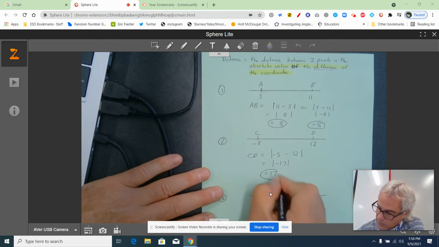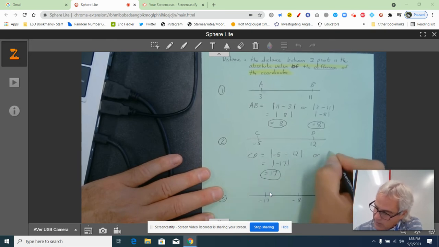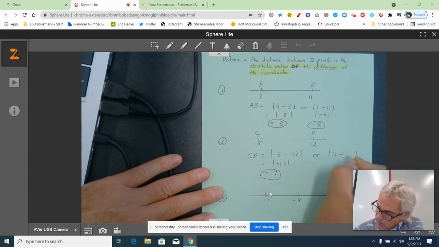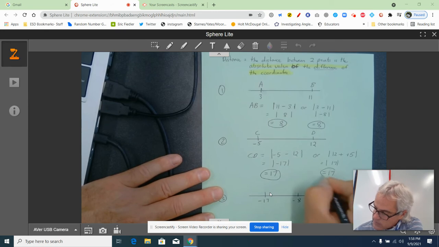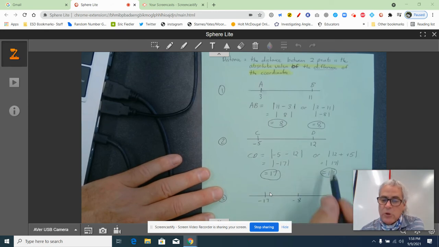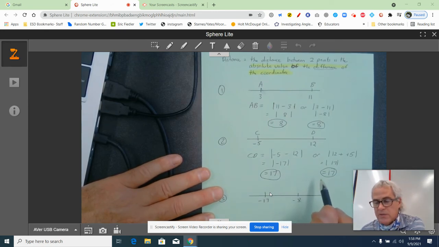Now, I hope you trust me. I could have done this 12 minus a minus 5. And remember, when you have minus and minus, you make it a plus. 12 plus 5 is equal to 17. Absolute value of 17 is just plain old 17.